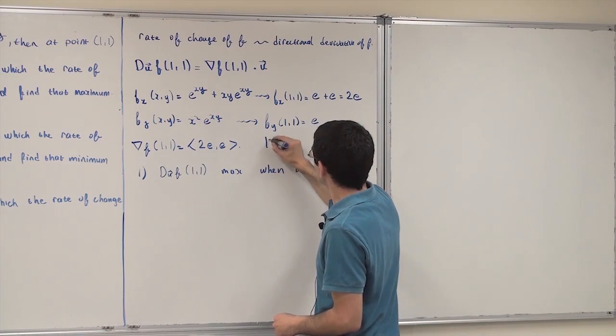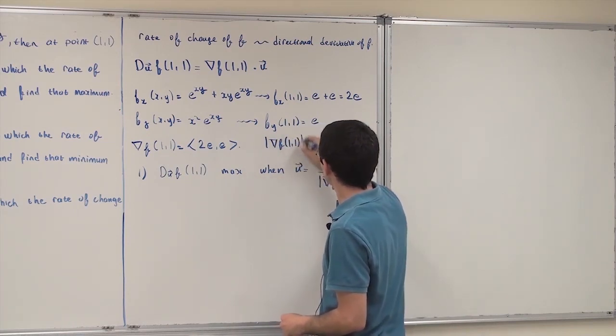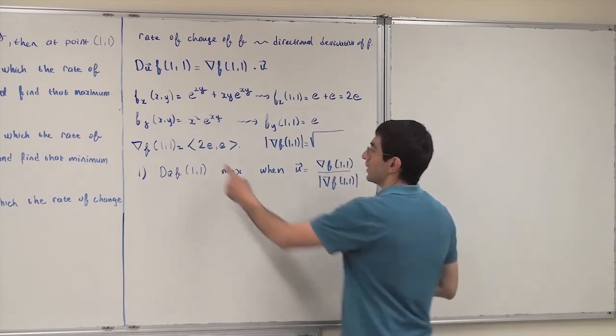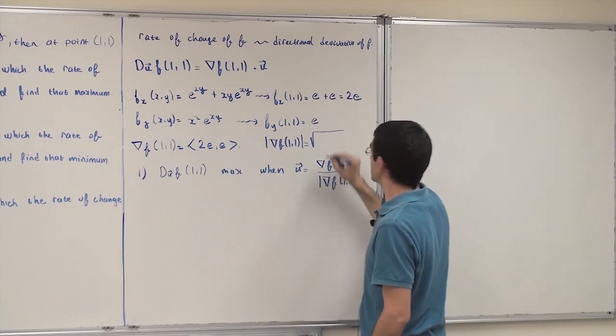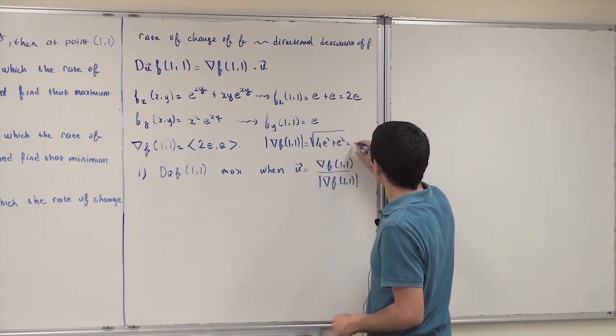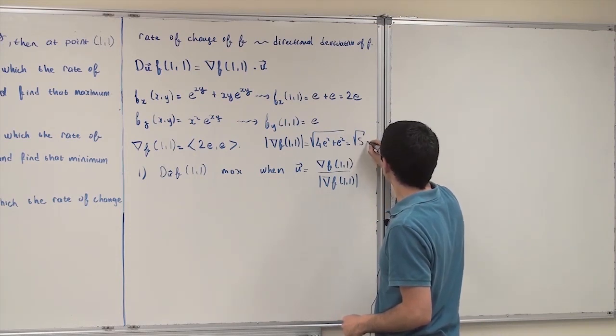So, let me do it up here. It's the root of 4e squared plus e squared, which is root 5 times e.